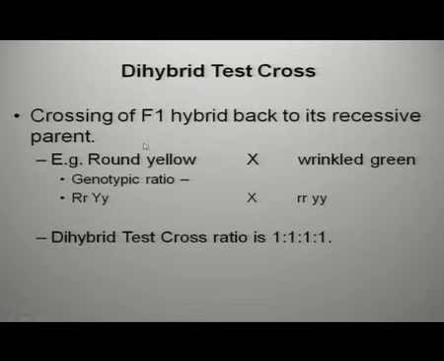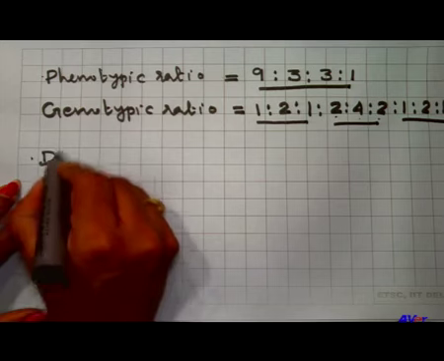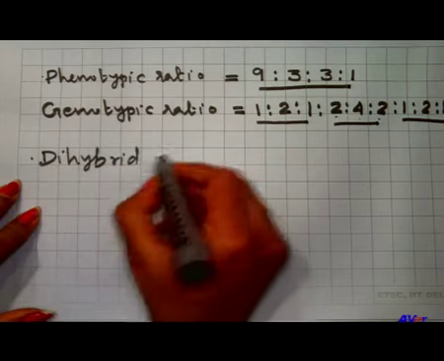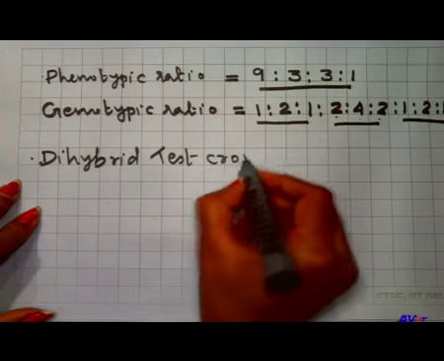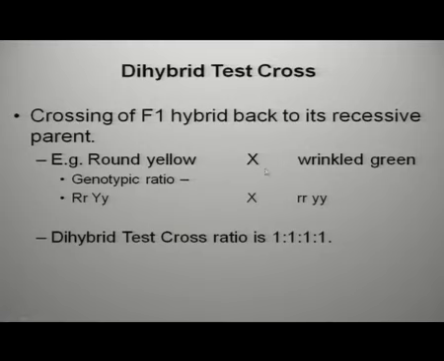Now, we can move to the test cross, dihybrid test cross. As we have already learned, a test cross is crossing of an F1 hybrid back to its recessive parent, or the crossing of an individual whose genotype is unknown with its recessive parent in order to identify the genotype.